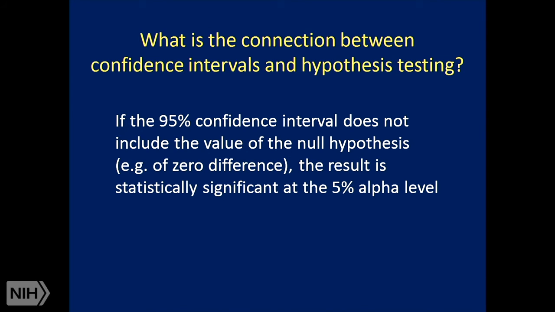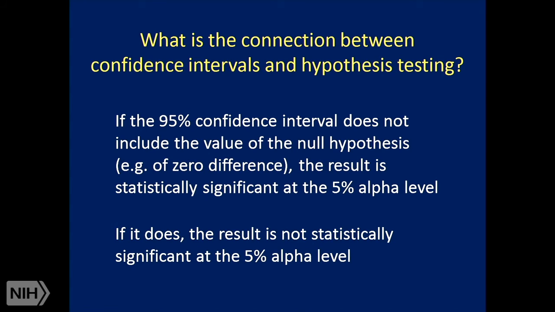And if it does cover 0, you don't have a statistically significant result. That's the connection between the two. If it does cover the 0 difference, it is not statistically significant at the 5% level. So they're very, very closely related, confidence interval and hypothesis testing.